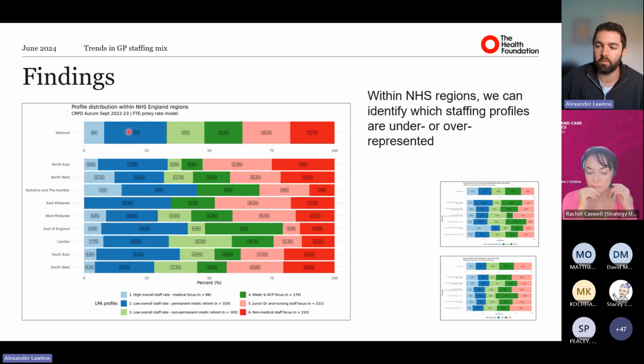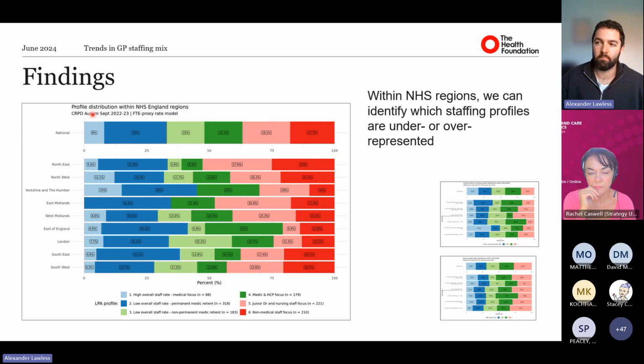At the national level, our profiles are organised, as we mentioned, so that the least populated one is the high overall staff rate, and the most populated one is the low overall staff rate with reliance on permanent medics.